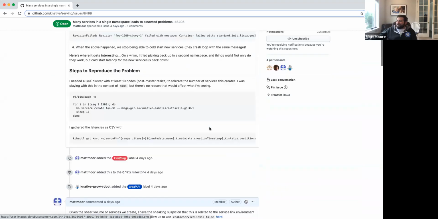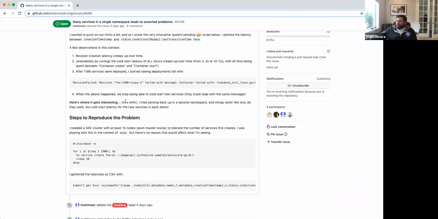If I scroll up the error messages here, the environment grew so large that the Go processes started failing to start. And I got this cryptic error message about the argument list being too long. I was like, I'm not passing more arguments. So that was one thing.